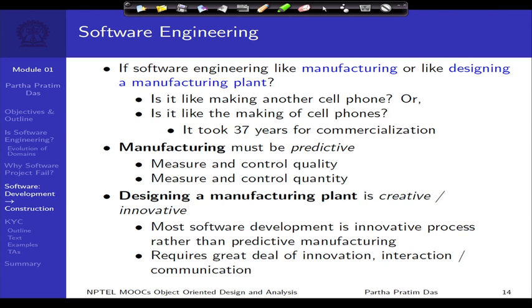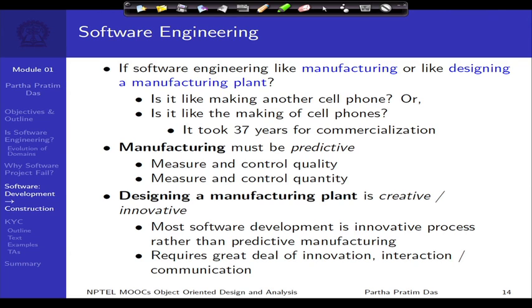So, the moot question is: is software engineering like manufacturing, where you have proven processes and you just make a cell phone, or is it like designing a manufacturing plant? These are two different aspects. One is when somebody started dreaming that there should be cellular phones which should be usable anywhere, to the point when today you start making Samsung Galaxy phones and iPhones and so on.